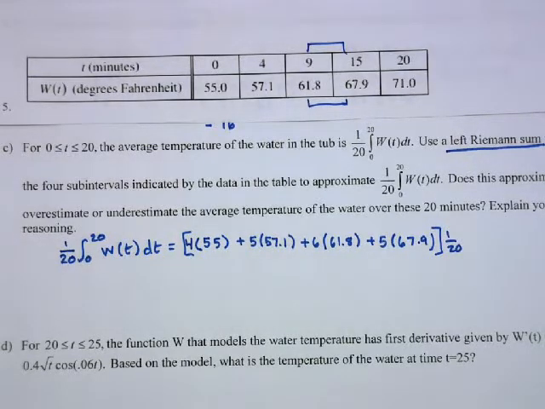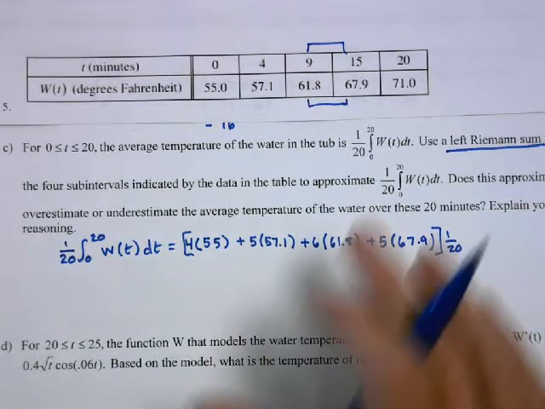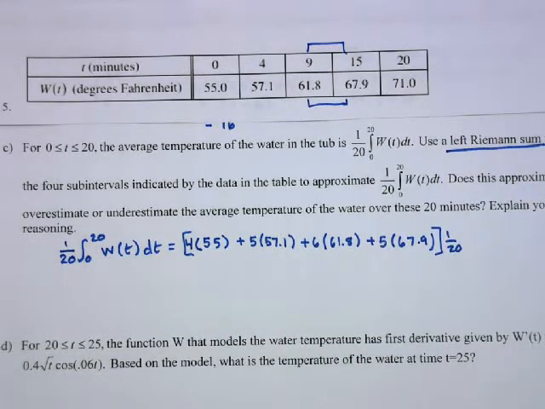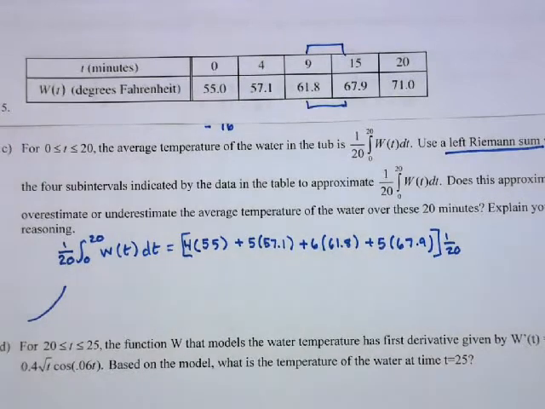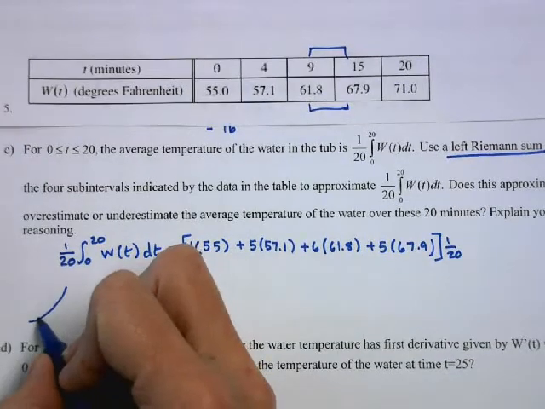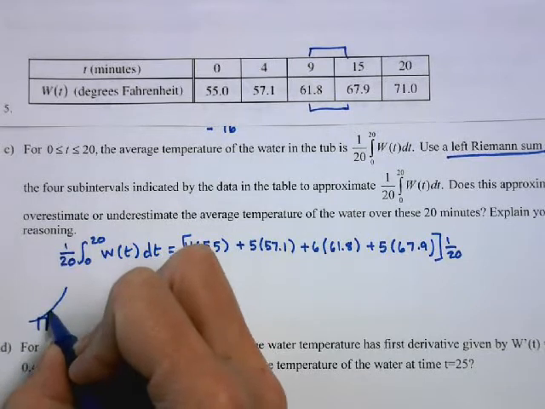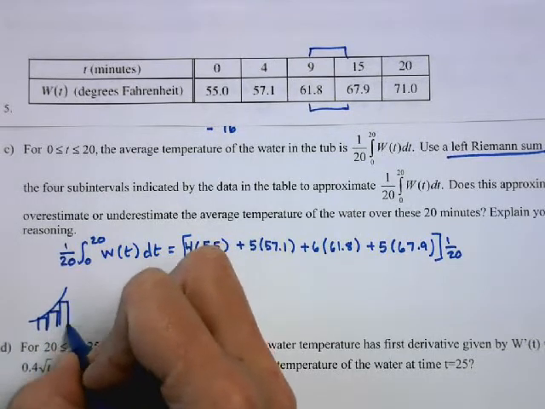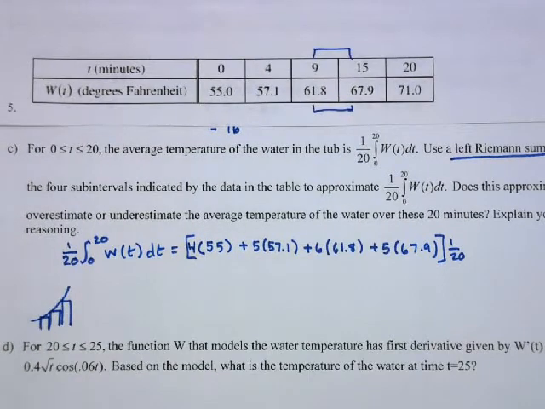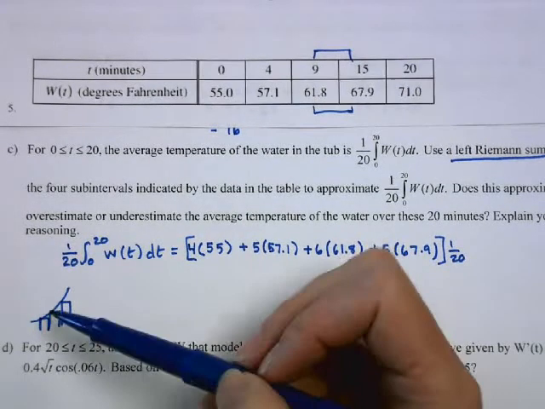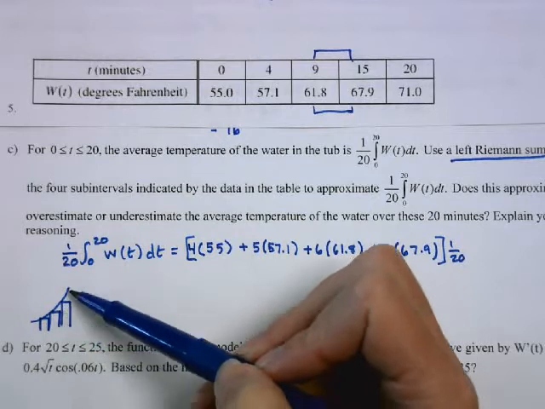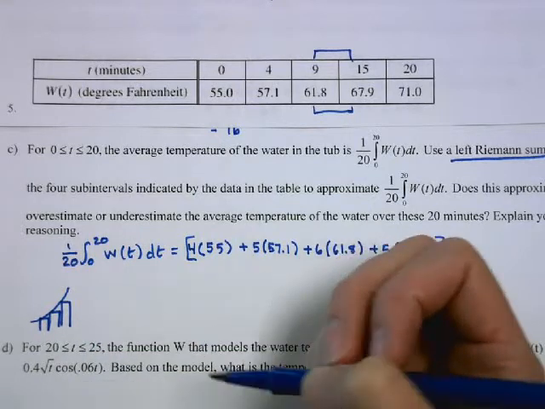Okay, then it asks: is the approximation an overestimate or an underestimate? The piece we're going to use is that we were told it is strictly increasing. So let's say I have a graph that's strictly increasing, and I'm evaluating my Riemann sums on the left side. Well, if it's increasing, there's area that's not accounted for. We're approximating the area under this curve, but these rectangles are all going to fall below.